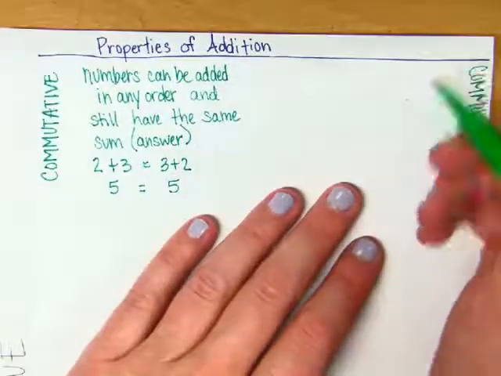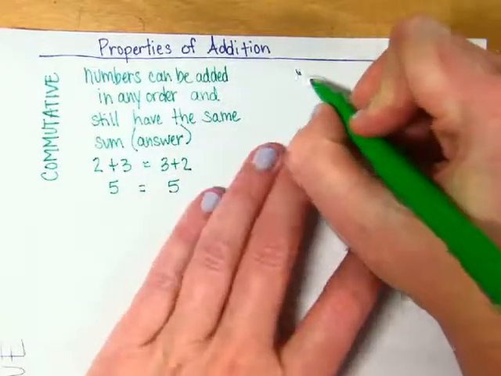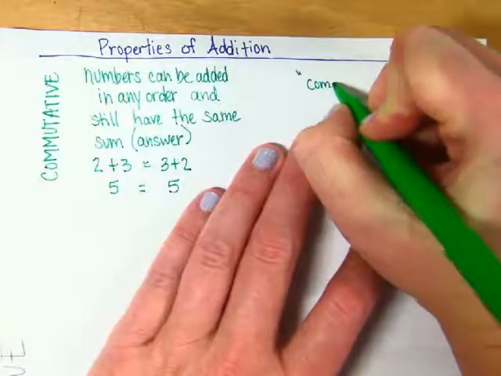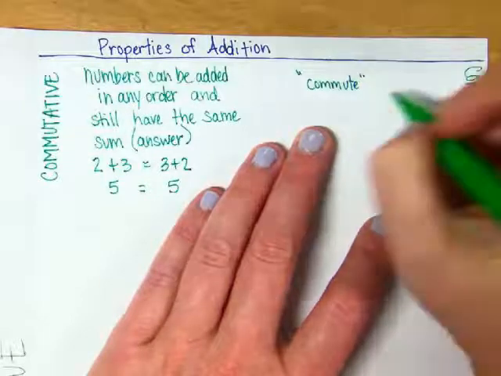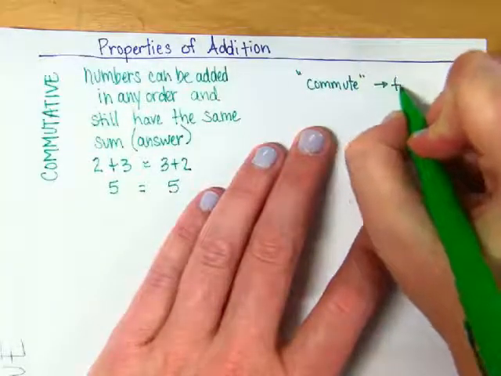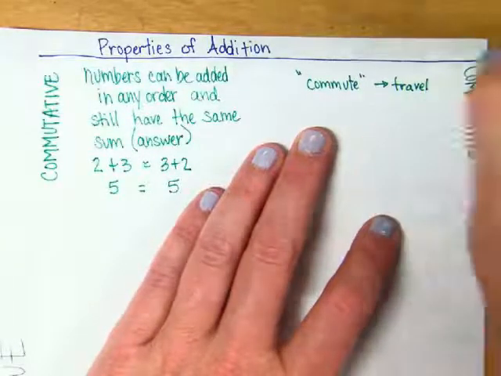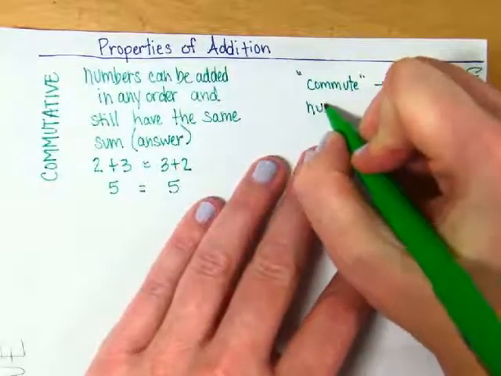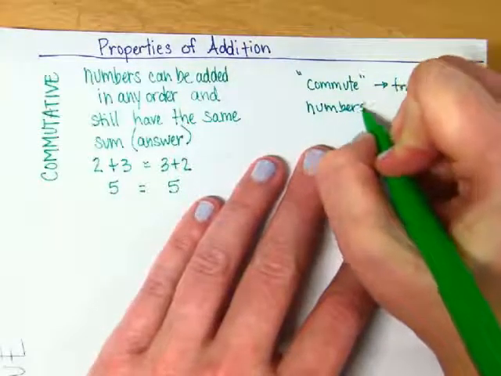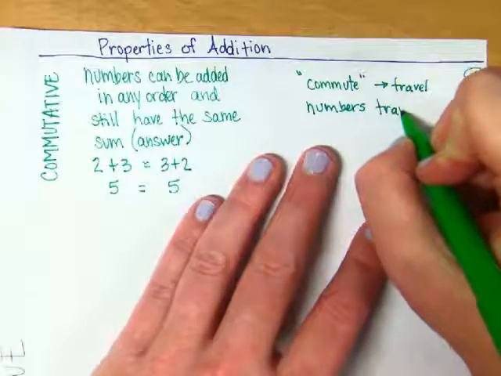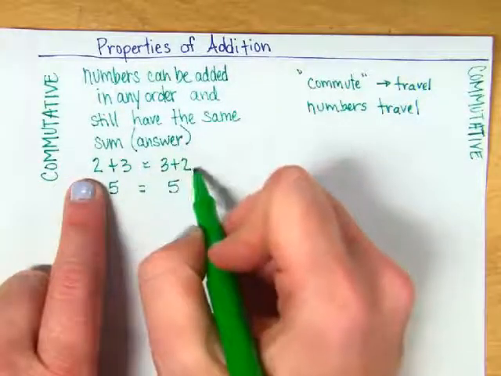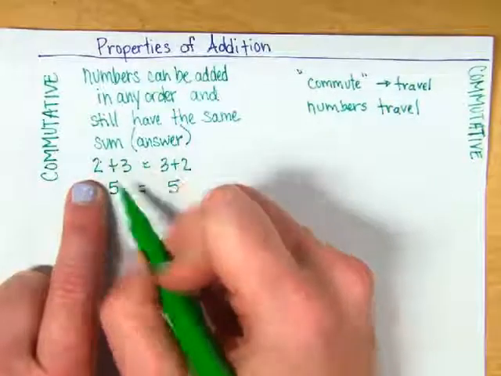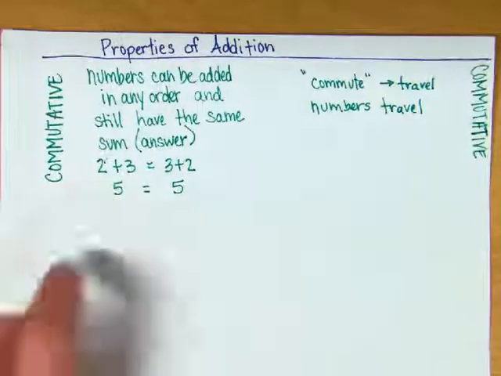So the way that I remember this is that the numbers commute, is the root word there, which means to travel. So if you want to look at it that way, the numbers are traveling here. 2 went there, 3 traveled there, different spots.